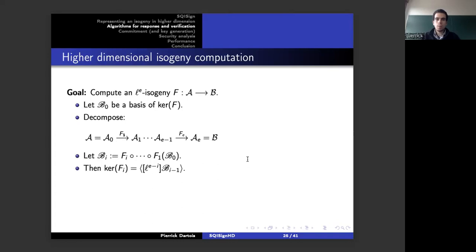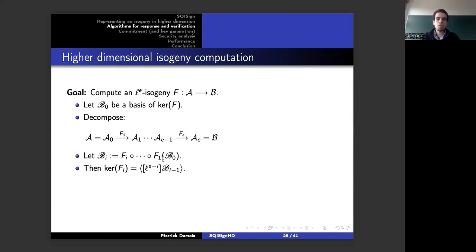So right now, we just took as a black box the higher dimensional isogeny computation and did everything as if we could easily compute it. I won't go into too many details on that computation, but I can give you an overview. The first main idea is that if we have an L^E isogeny, we can, as in dimension 1, decompose it as an L isogeny chain.